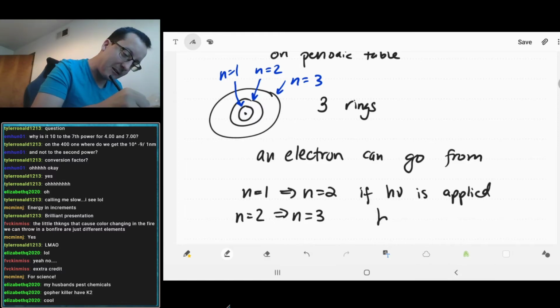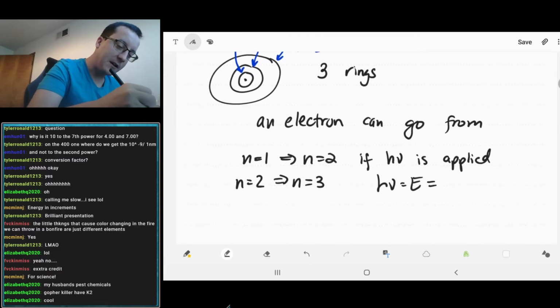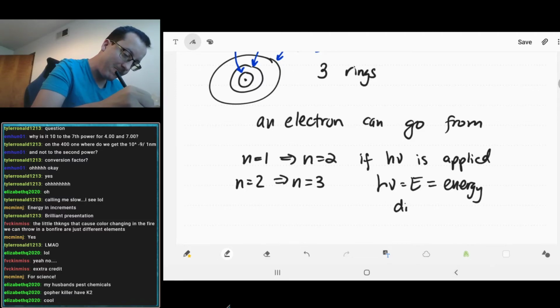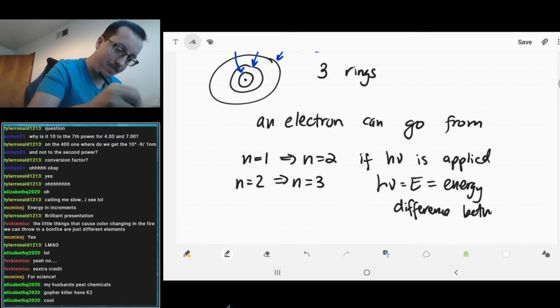And that light, remember, is equal to energy, is equal to the energy difference between n equals 1 and n equals 2.